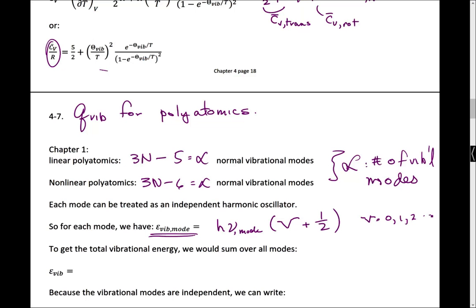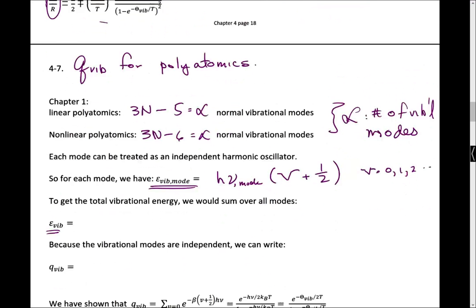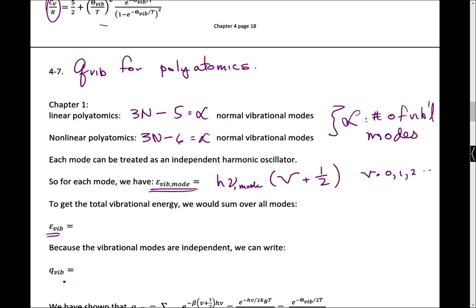Okay? All right. And then if I want to know the total vibrational energy of my molecule or my particle, what I need to do is sum those terms over all of the vibrational modes that I have. So that's going to be the summation of J equals 1 to alpha, because alpha is the number of vibrational modes that we have.